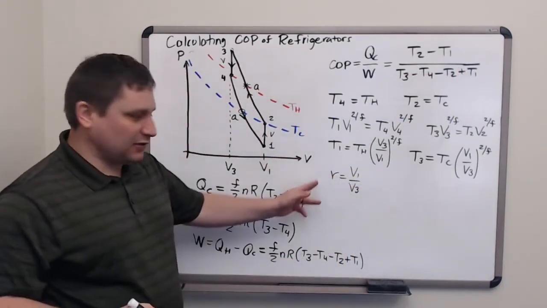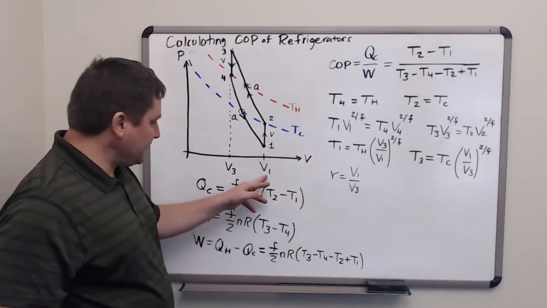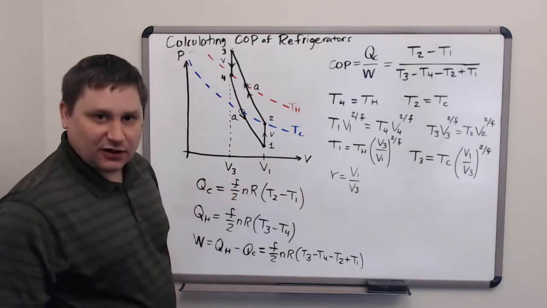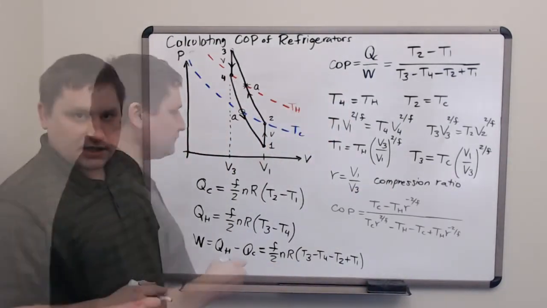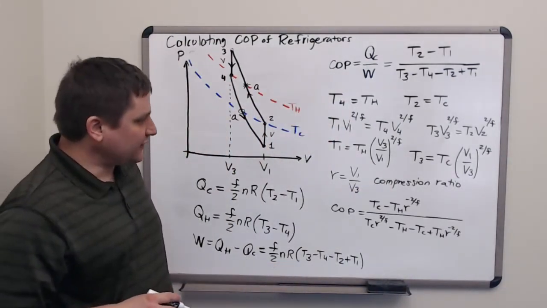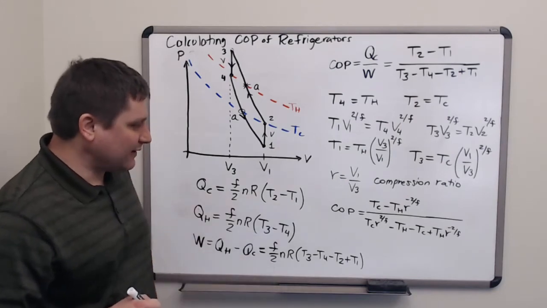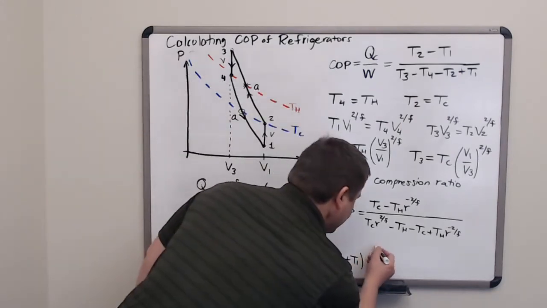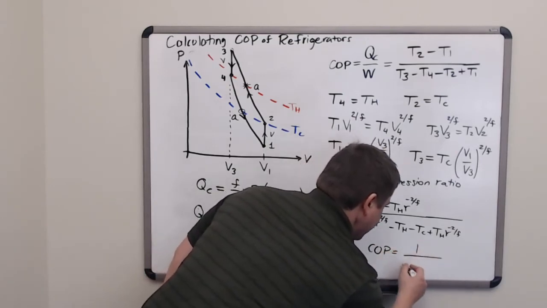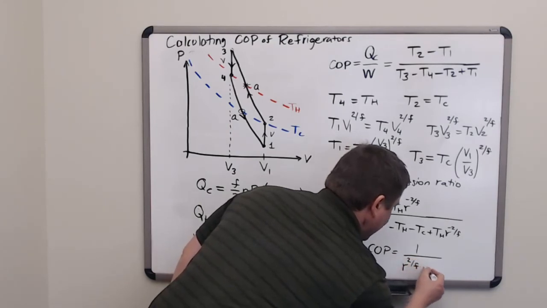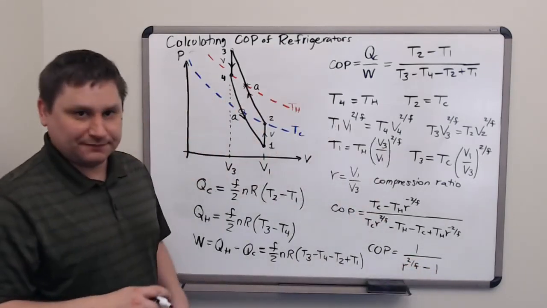Let's define the symbol lowercase r as the ratio of V1 to V3. This is called the compression ratio, and it is larger than 1. If we substitute all 4 temperatures into the formula for the coefficient of performance, we can simplify it to 1 divided by the compression ratio to the power 2 over F minus 1.